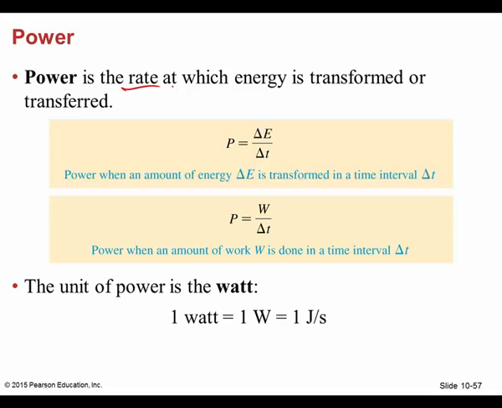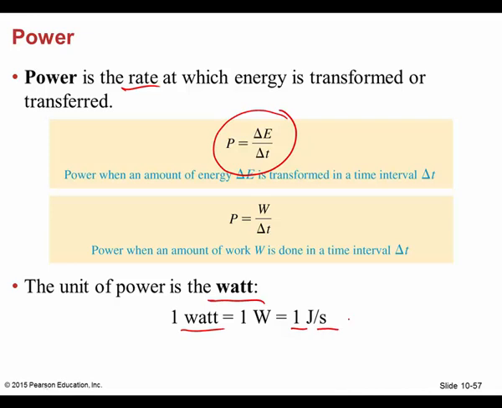Okay? And so if we take the change in total energy and divide it by the time interval, we get what is called power, and the unit for power is the watt. And yes, a watt is the number of joules per second. And how do we define that?